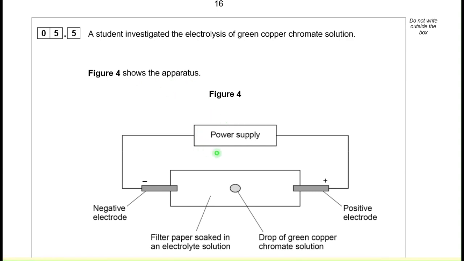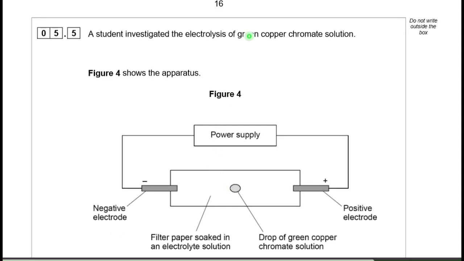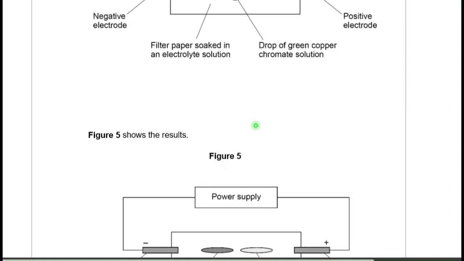Here is figure 4. You've got a power supply, which will be batteries or a power bank. You've got a piece of filter paper soaked in an electrolytic solution, a drop of green copper chromate solution in the middle, and then on the left a negative electrode, on the right a positive electrode. Figure 5 shows the results. So here's figure 5.